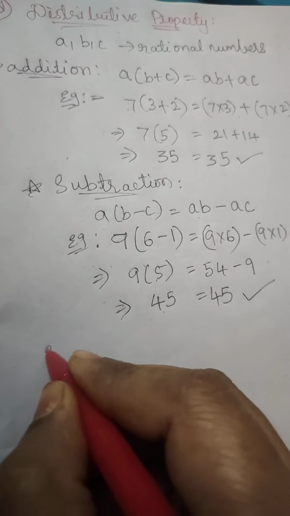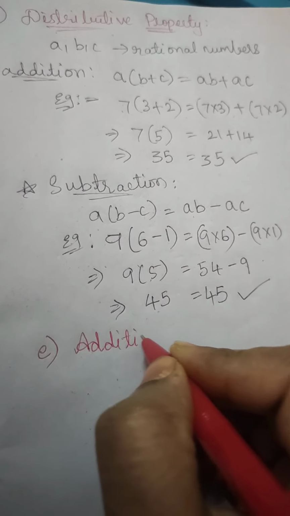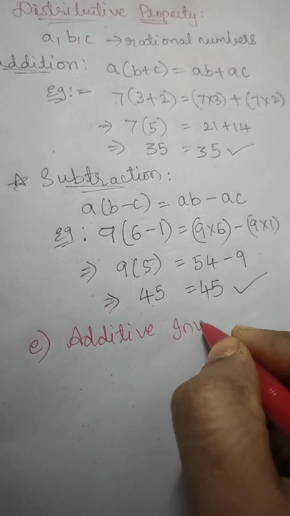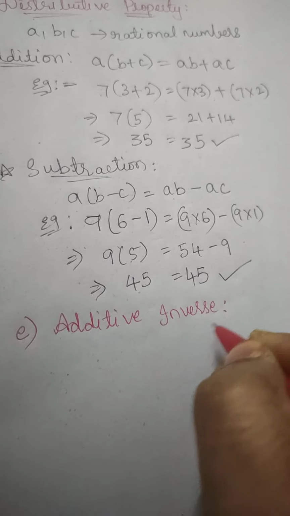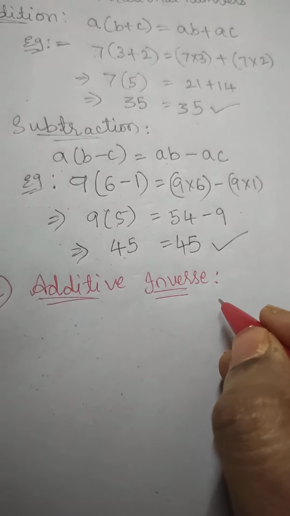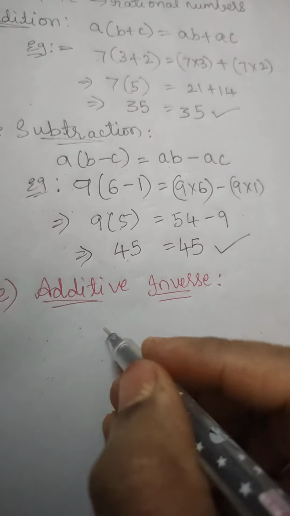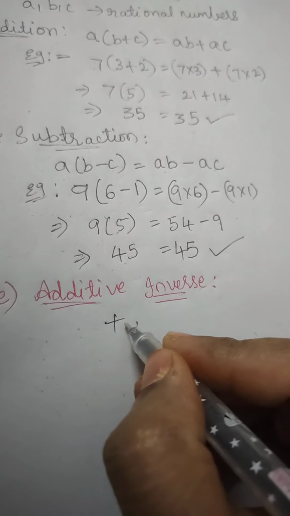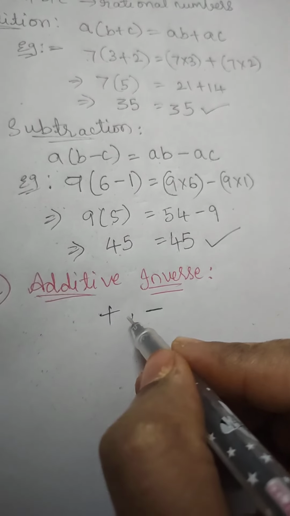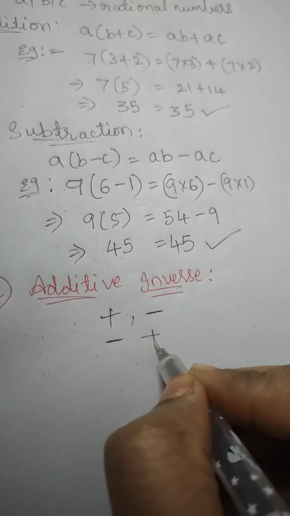Next, additive inverse. From the name itself, inverse means reverse. If we have plus then we should take minus. For plus we should take minus and for minus we should take plus.